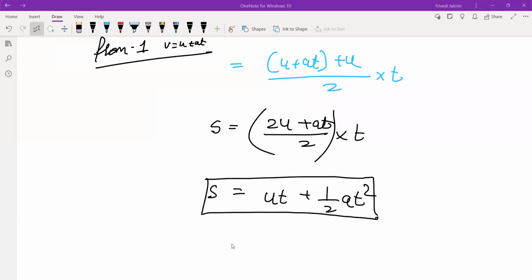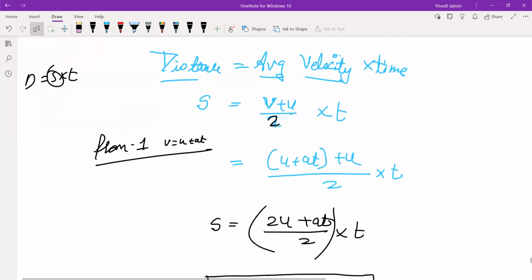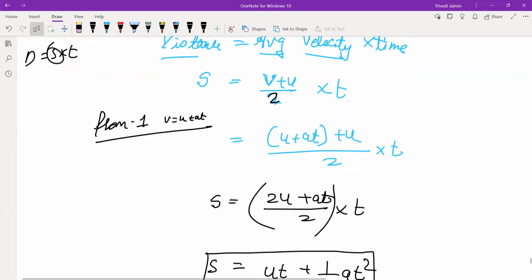Sir, can you explain this last point once? Which one, the last one? Just 2 minutes. Just let me scroll up. We will substitute this value here from the first. I think till here you understood, right? Yes, sir.